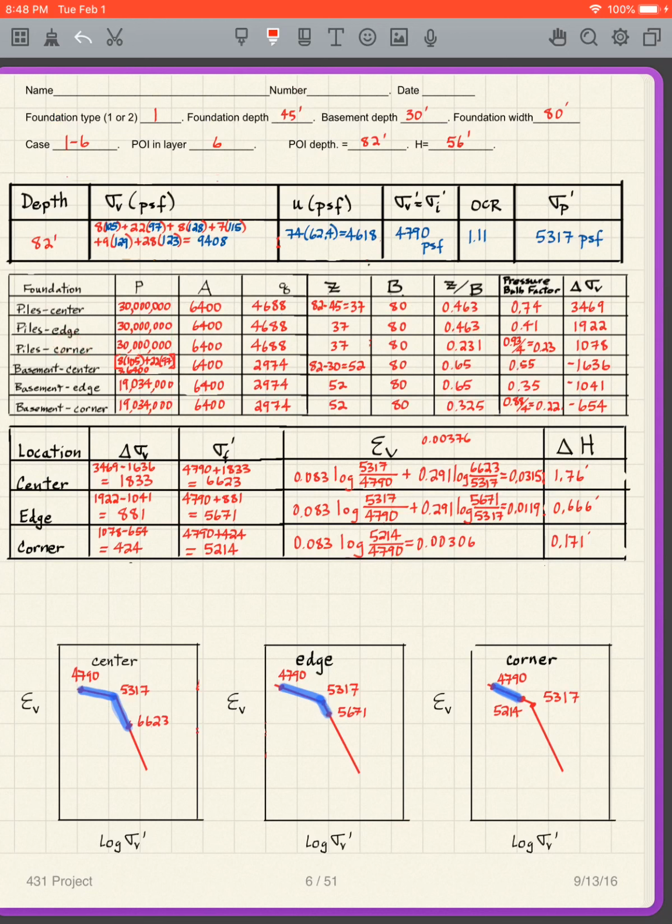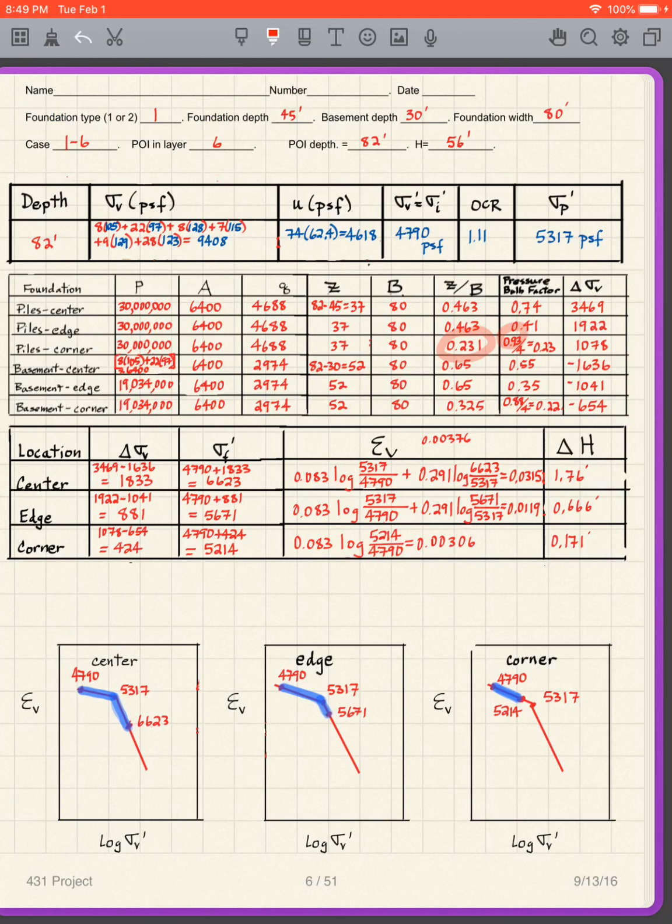And so I get my pressure bulb factor by looking at my pressure bulb. I look at the center of the pressure bulb, and there's the edge of the pressure bulb. This is the center of the pressure bulb divided by 4. So I take this Z over B, in other words, I look at my pressure bulb at 0.231, below the center gives me a 0.93.